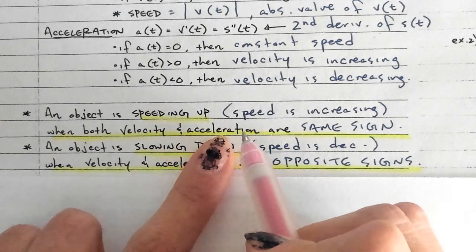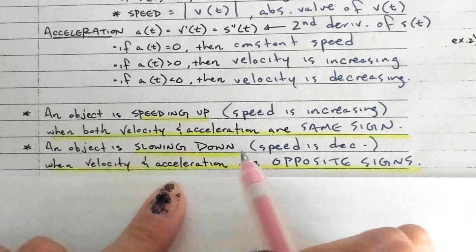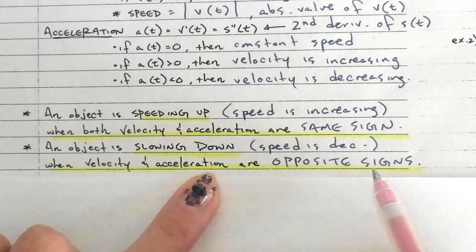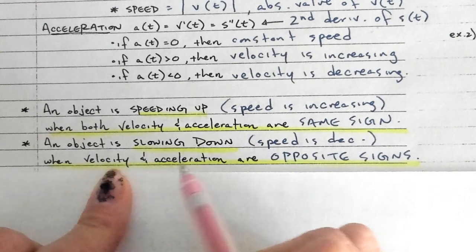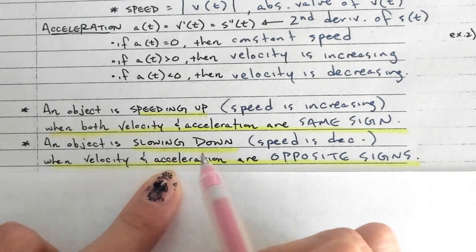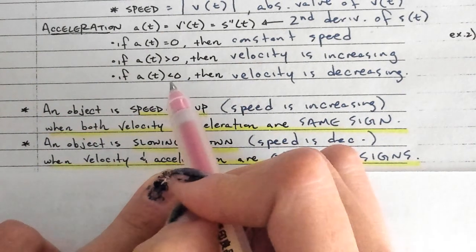Negative velocity, negative acceleration. So it makes more sense when you think about slowing down as opposite signs for velocity and acceleration. So think about going north, but then your foot is coming off the pedal slowly, right? So acceleration is negative when your foot is coming off the pedal.